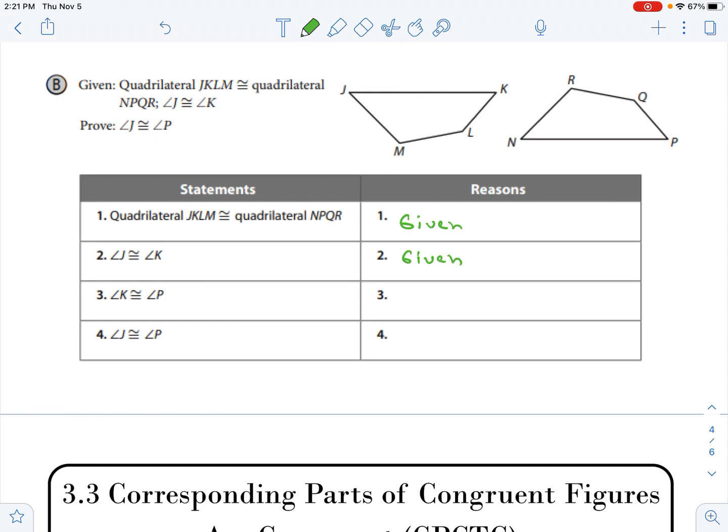Then they say angle K is equal to angle P. Well, I know K is equal to P because of CPCFC. And see how you have this K? K connects them both. J is equal to K and K is equal to P. Therefore, J and P are congruent. This would be the transitive property.